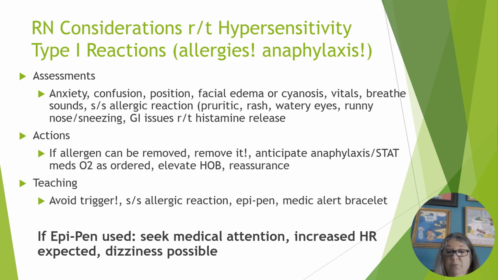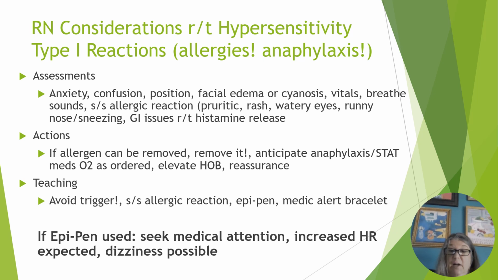RN considerations related to hypersensitivity type 1 reactions. So allergies and anaphylaxis. The first thing we want to do with our assessment is determine: is it a local reaction or systemic? And if it's systemic, we're a little bit worried about anaphylaxis, okay? We're also going to want to assess for anxiety or confusion, and positioning, right? Are they sitting like they can't breathe, or do they look pretty okay?